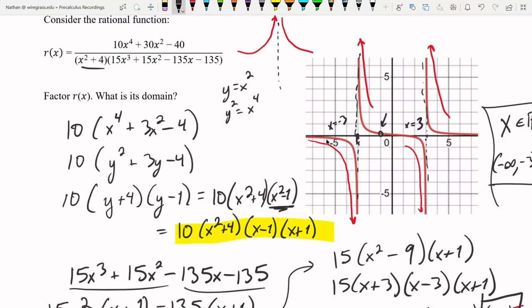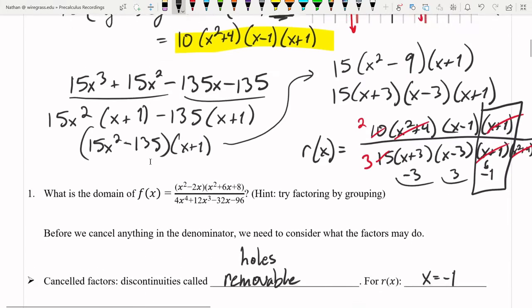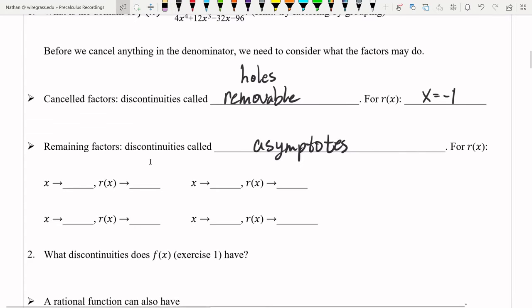Now, because this can change depending on the left-hand side and the right-hand side, there's going to be some new notation for it. For our function, we look at x approaching negative 3 from the left, that's what this negative sign is, because on the coordinate system, the left-hand side of the x-axis is the negative numbers.